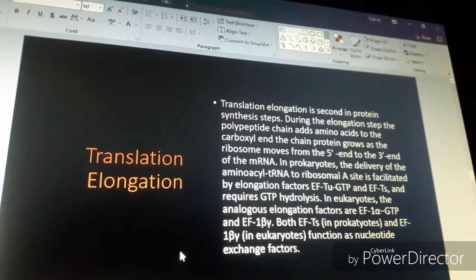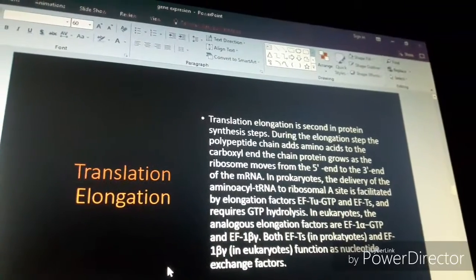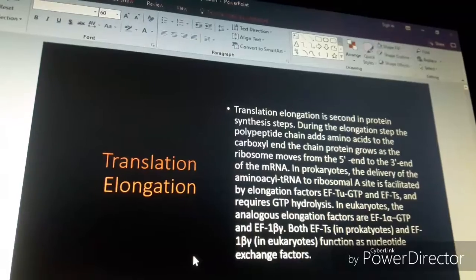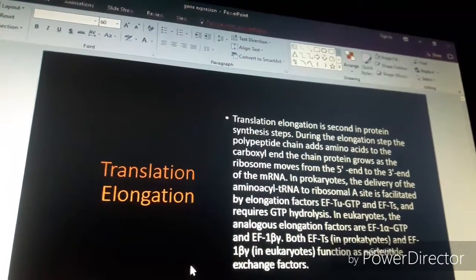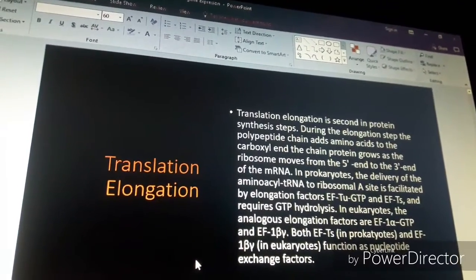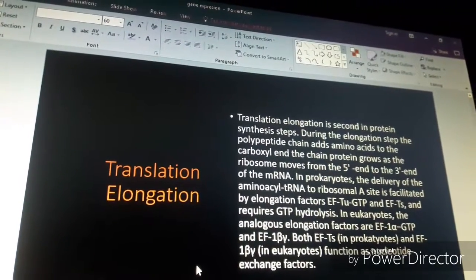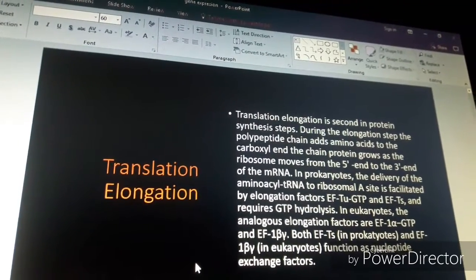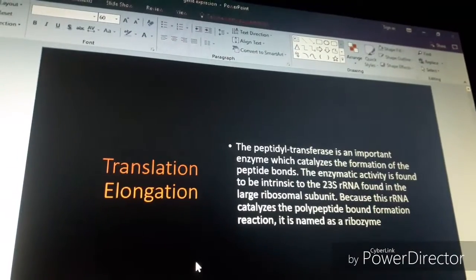In prokaryotes, the delivery of the aminoacyl tRNA to the ribosomal A site is facilitated by elongation factors EF-Tu-GTP and EF-Ts and requires GTP hydrolysis. In eukaryotes, the analogous elongation factors are eEF1 alpha-GTP and eEF1 beta gamma. Both EF-Ts in prokaryotes and eEF1 beta gamma in eukaryotes function as nucleotide exchange factors.